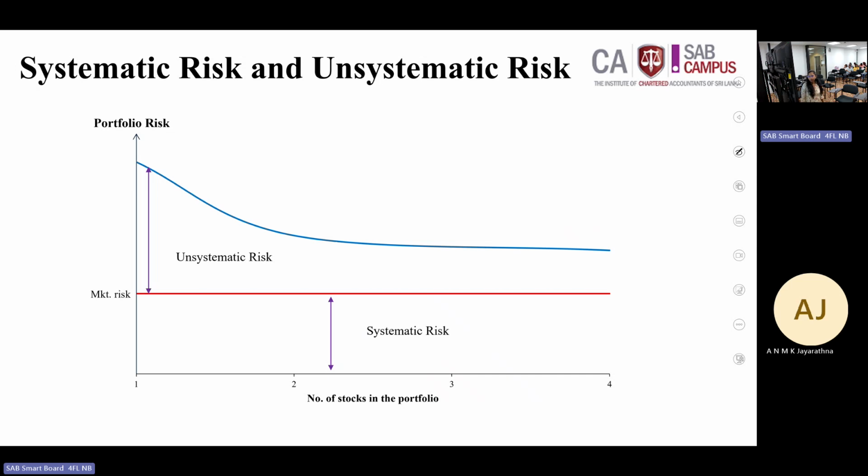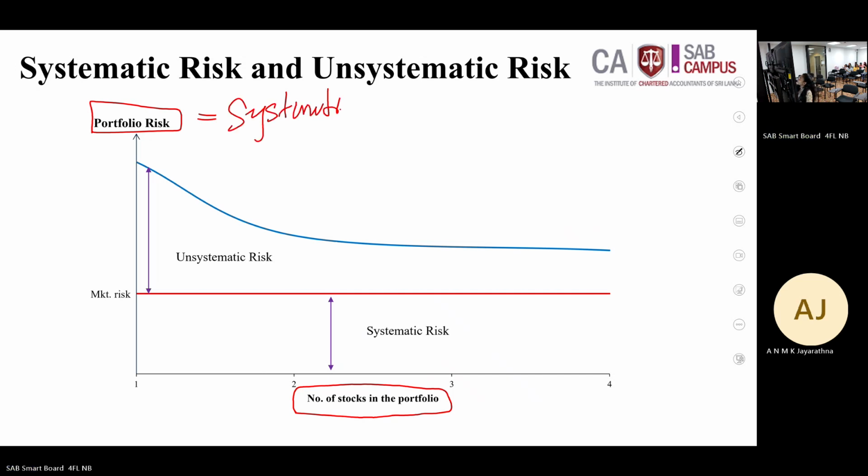So again, if we graphically illustrate this, this side is the number of stocks in the portfolio and this side is portfolio risk. We know portfolio risk is equal to systematic risk plus unsystematic risk.